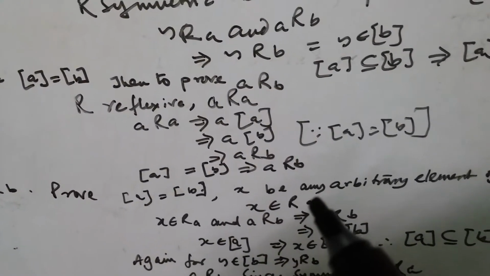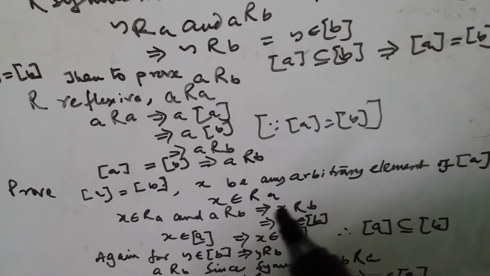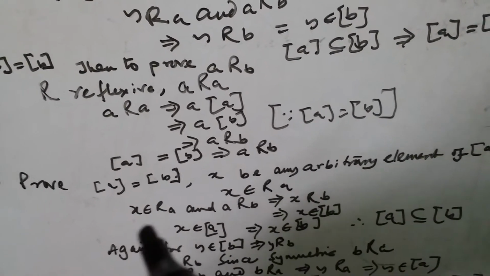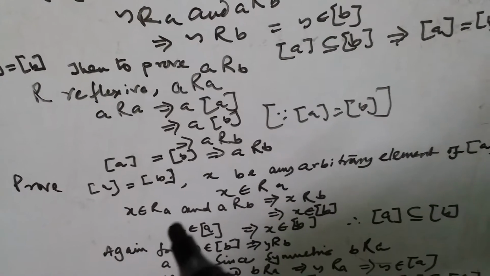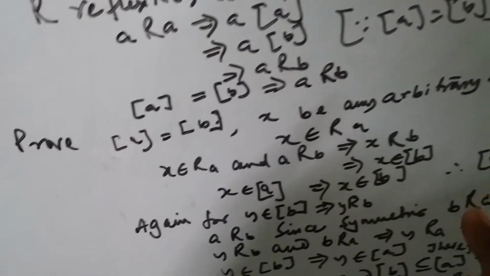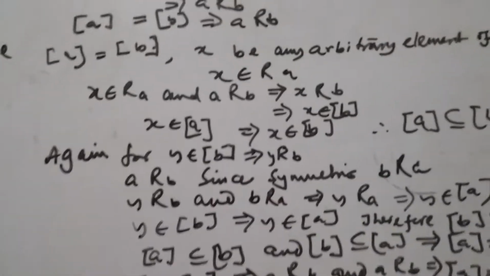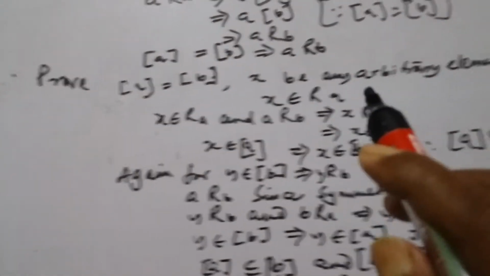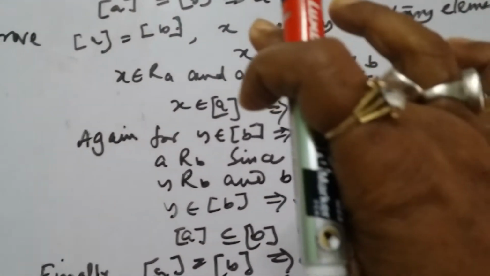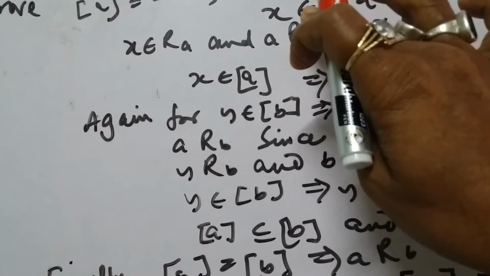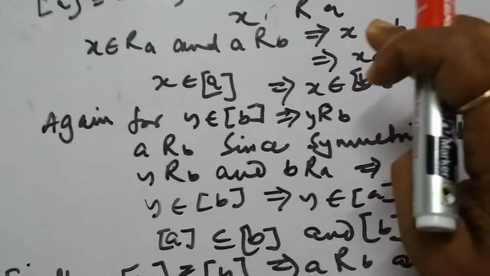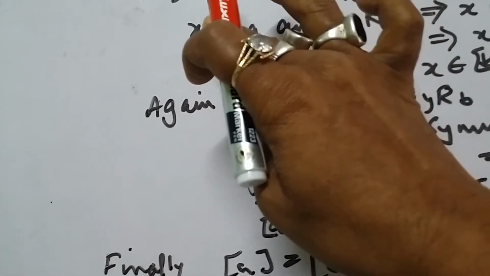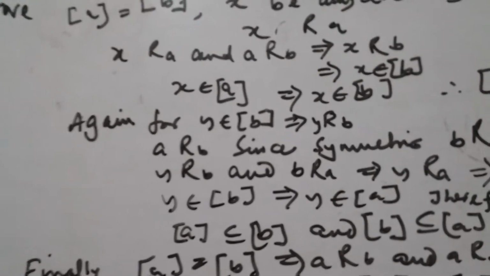Since x is any arbitrary element of [a], so xRa. And xRa and aRb give xRb.